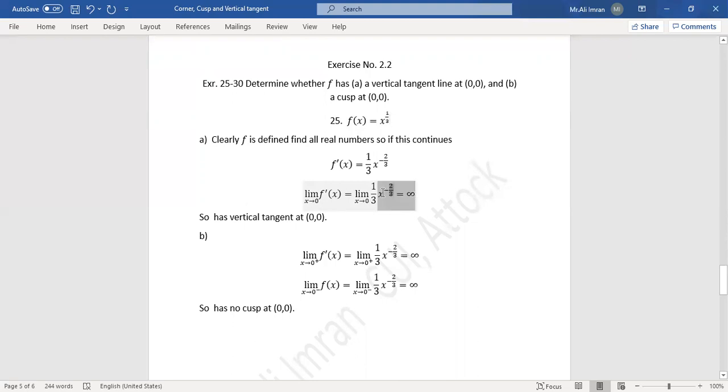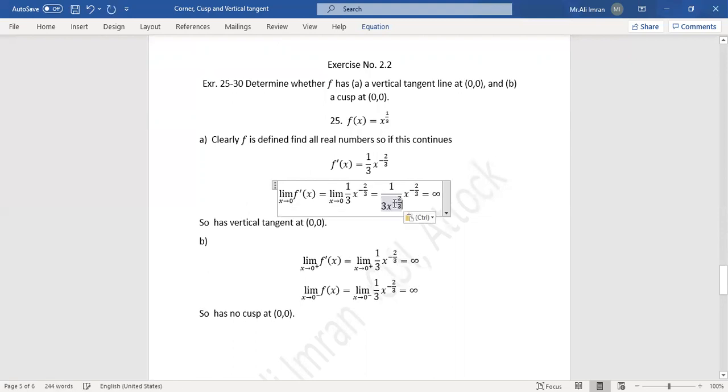This can be simplified further: as the power of x is minus 2/3, if we take it in the denominator, the power of x becomes positive.